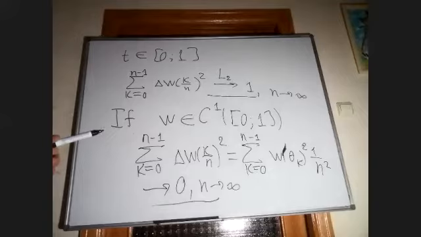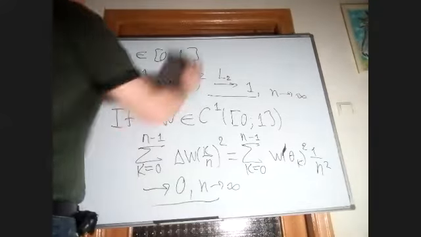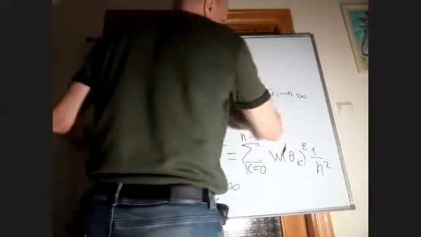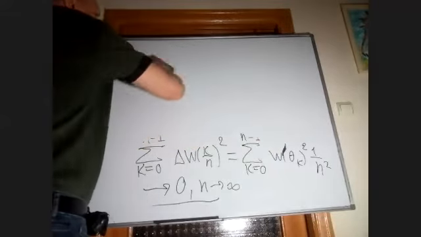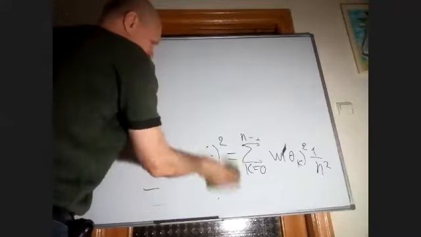So from this point of view, one can see that W is a complicated function from the point of view of real analysis. It has continuous trajectories. It has infinitely many roots in any neighborhood of 0. It has no derivative. So the trajectories of W have a complicated form.